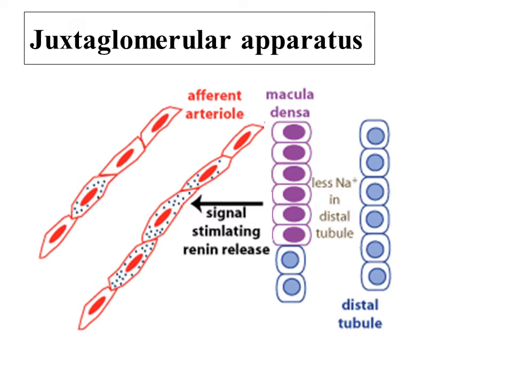Another stimulus to release renin is decreased pressure in the afferent arterioles themselves. When renin is secreted into the blood, it goes to the circulation.